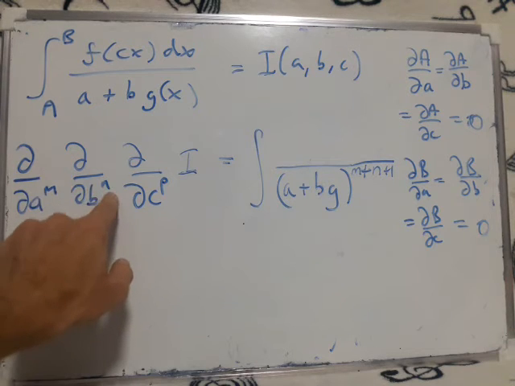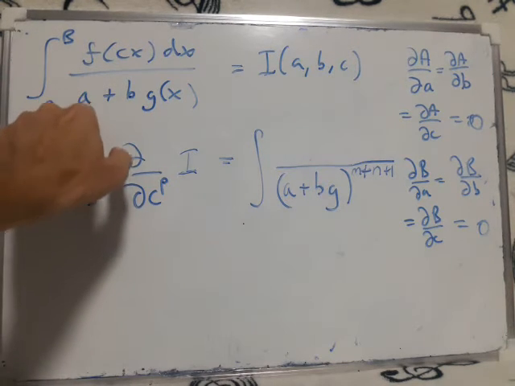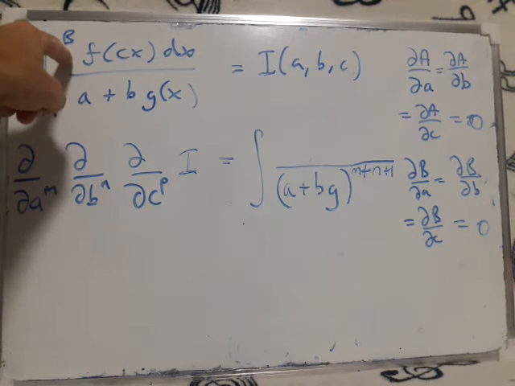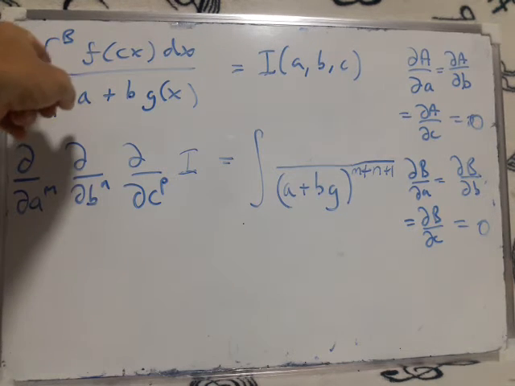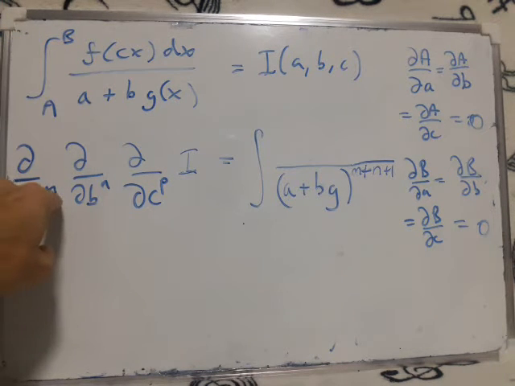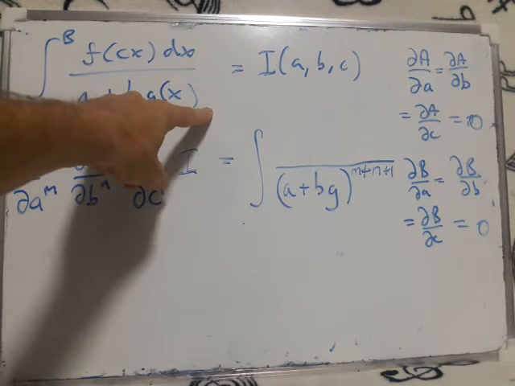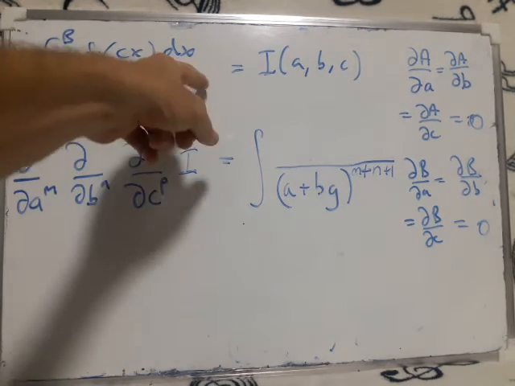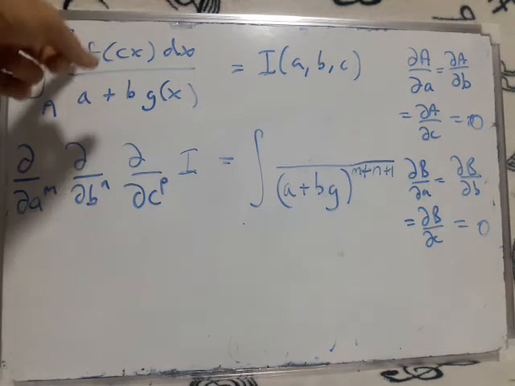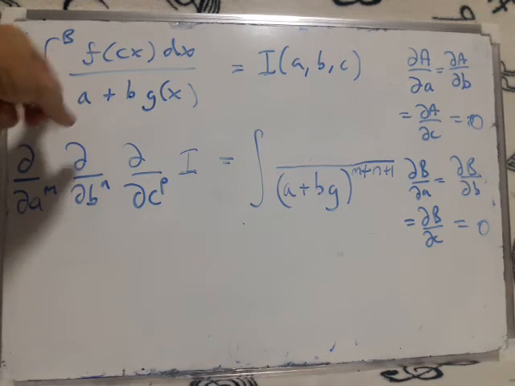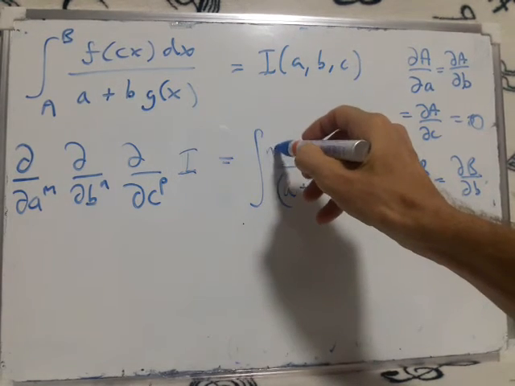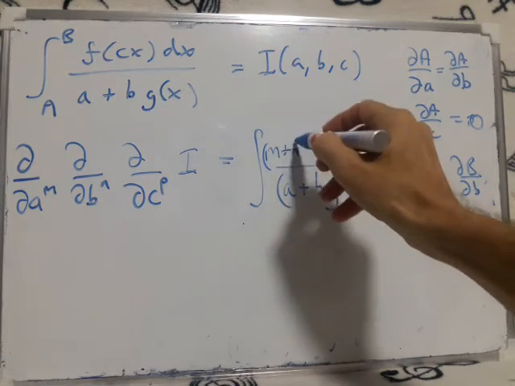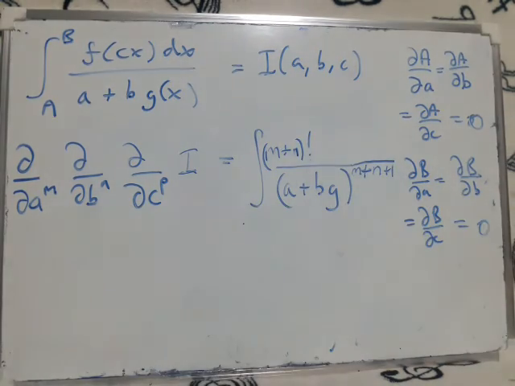If m is 1 and n is 0, we're differentiating once. We start off with a power 1, so we get nothing here. If m is 2, differentiating twice, the first time we get nothing, the second time it's already squared, so we end up with a factor of 2. So we'll end up with m plus n factorial on top from differentiating m and n times.